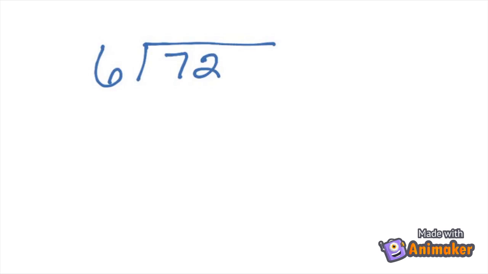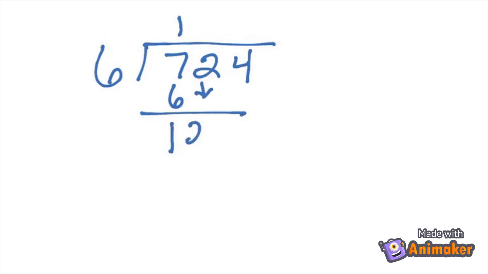Now I'm going to walk you through just one more problem, just really quick, just showing you without any work. So I have 6 into 724. So 6 goes into 7 1 time. 1 times 6 is 6. Subtract 6 from 7, I get 1.